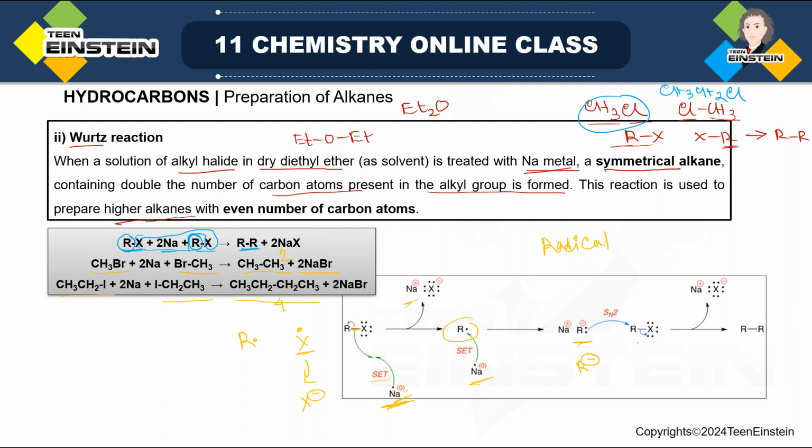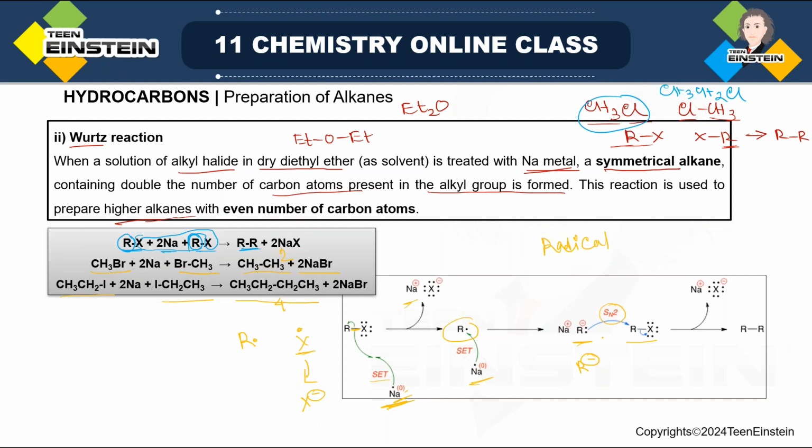And this is another RX molecule, and R minus is attacking RX from the back side, and this type of mechanism is called SN2 mechanism. Now details of SN2 mechanism, that is substitution by bimolecular nucleophilic, that is actually done in a separate unit.